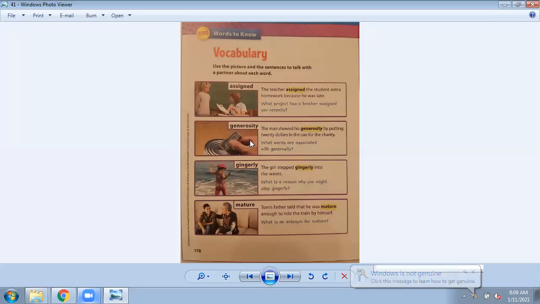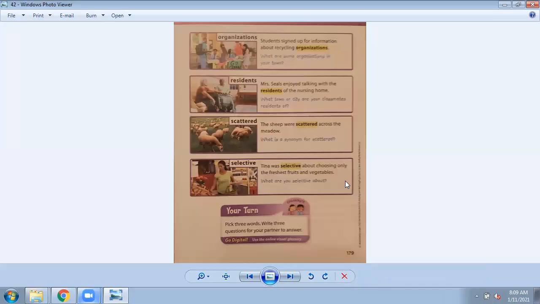Generosity is to share in a way that makes you happy and you are more than willing to share. Gingerly means to proceed in a cautious way. Mature means to behave in the mannerisms and characteristics of an adult. An organization is a group of people who come together for a specific purpose. Residents are the people that live in a particular area. Scattered is to be spread out or thrown about. Selective means to make a careful choice, okay?